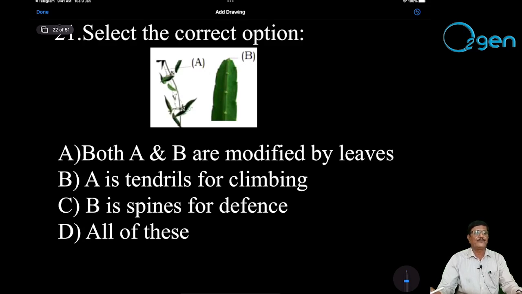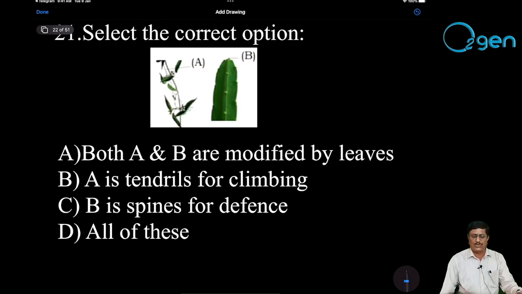Question 21. Select the correct option. Here, A and B, two modifications are given. Both A and B are modified leaves.